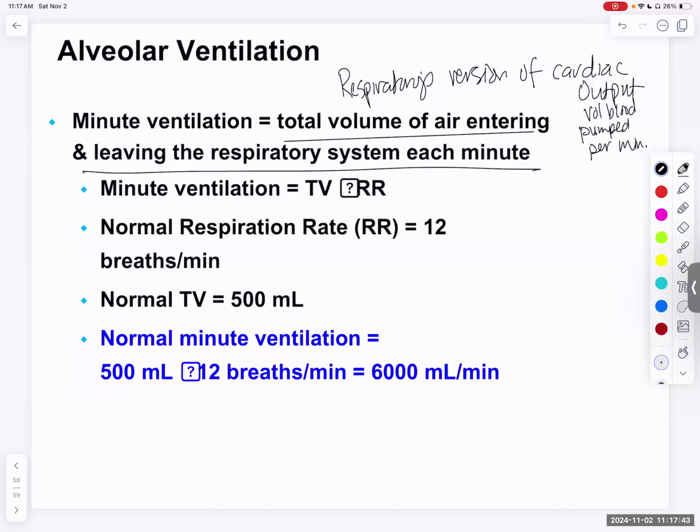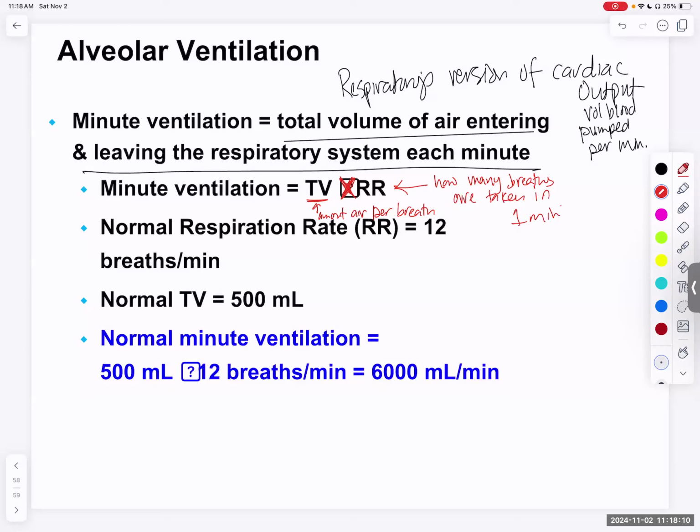And so it's going to be equal to the amount of air per breath multiplied by how many breaths are taken in 1 minute.